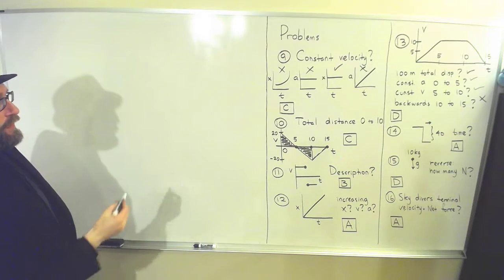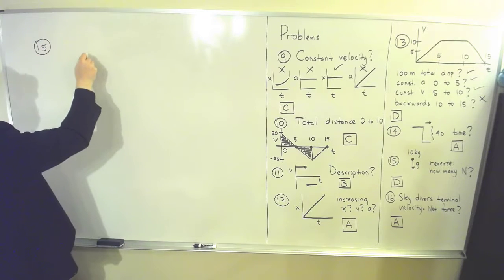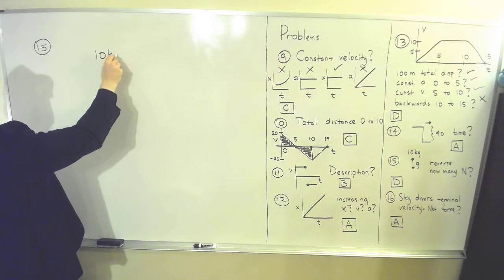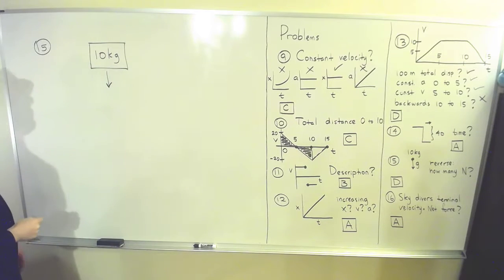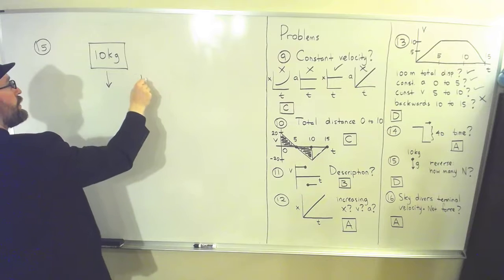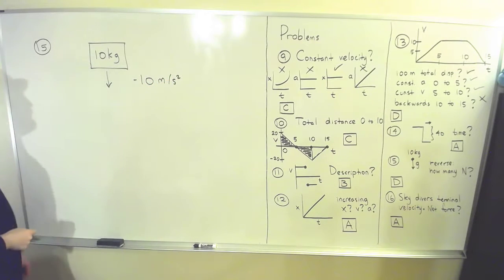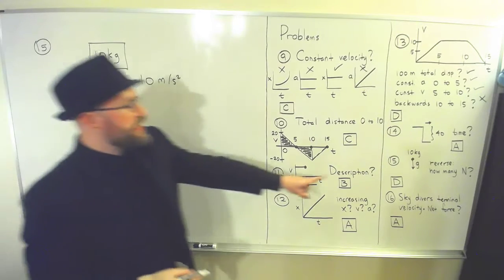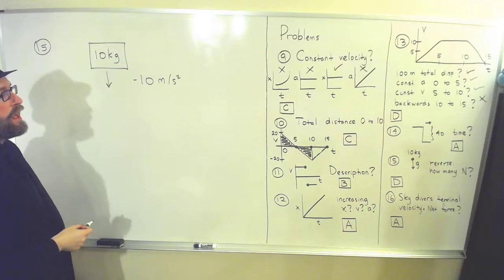All right, and then 15. It says you have this mass, a 10 kilogram mass. It says that it's in free fall, accelerating downward at minus 10 meters per second squared, because of gravity. So I've just written g here, that's the minus 10 meters per second squared.